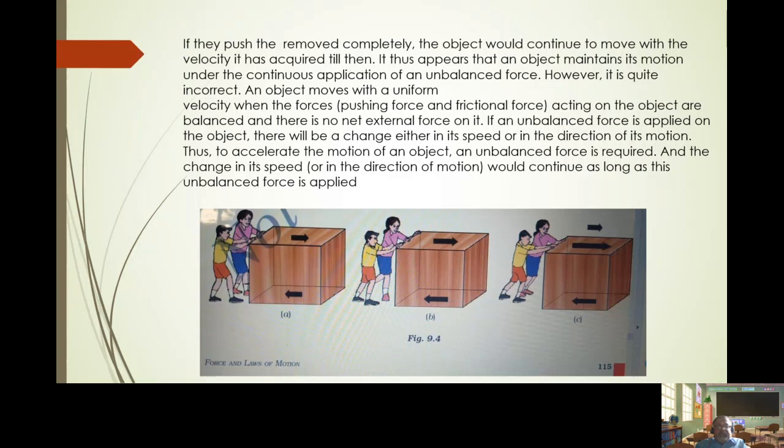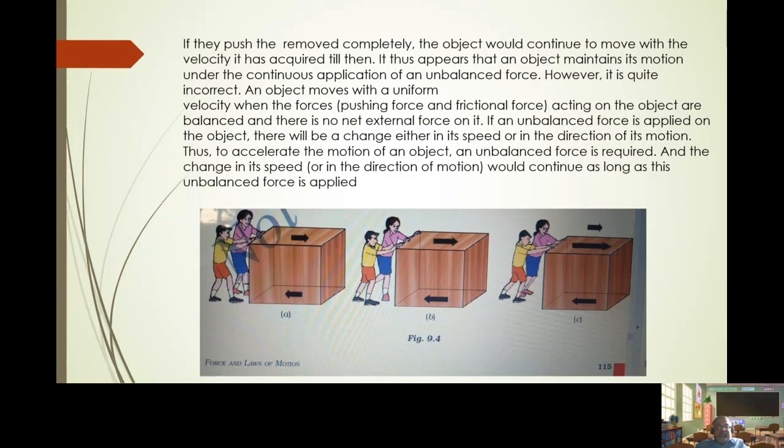However, that is quite incorrect. The object moves with a uniform velocity when the pushing force and the frictional force acting on the object are balanced and there is no net external force on it. If an unbalanced force is applied on an object, there will be a change either in its speed or in its direction of motion.